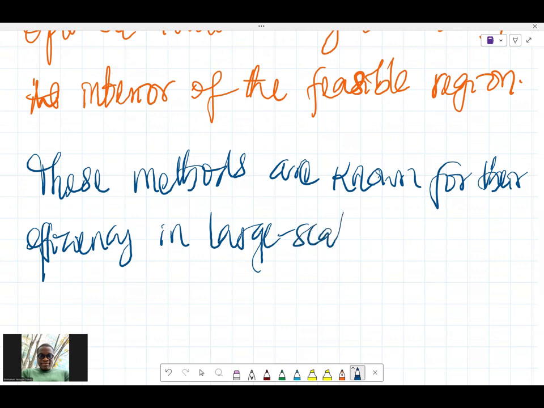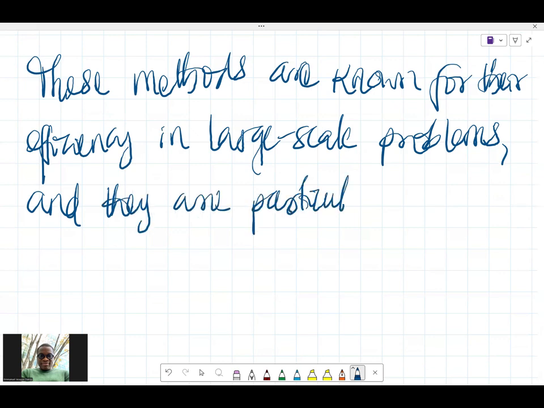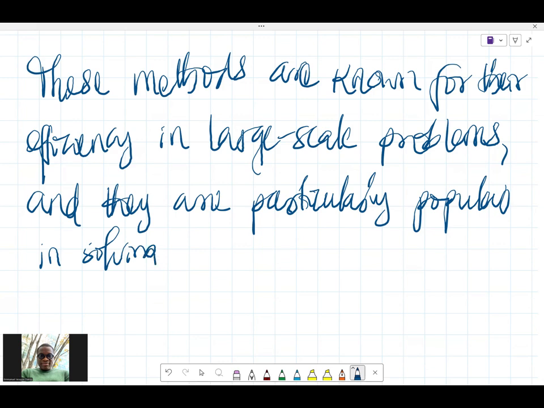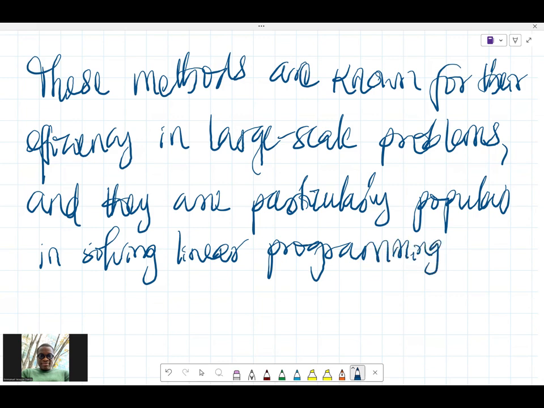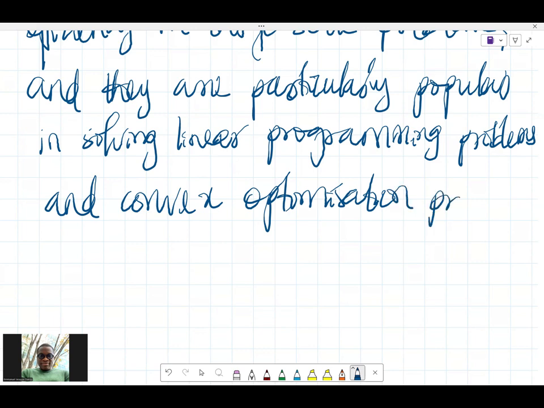So they are very good for large scale problems, and they are particularly popular in solving linear programming problems and convex optimization problems with constraints.